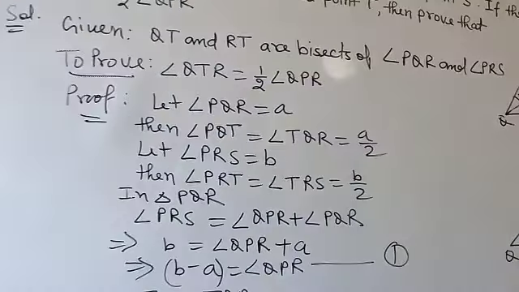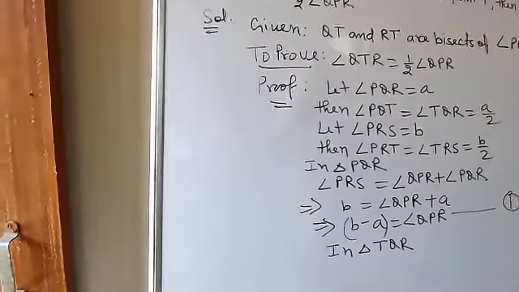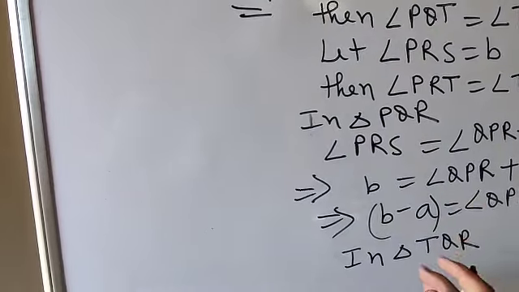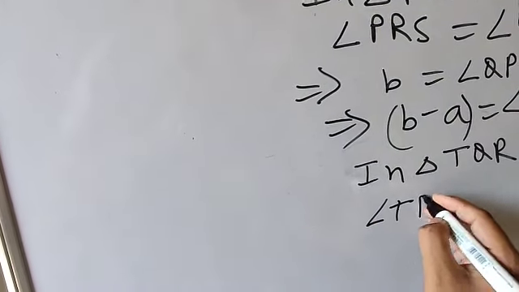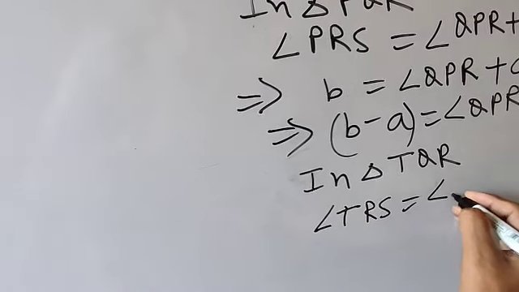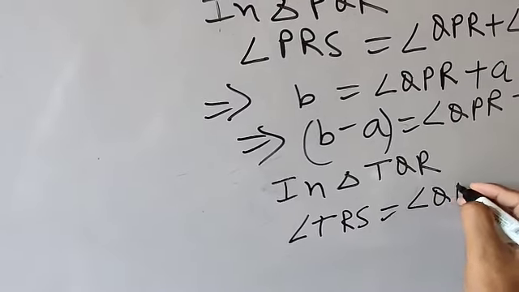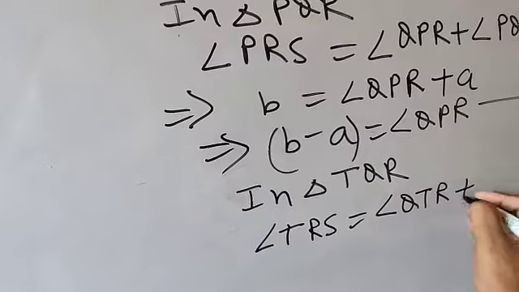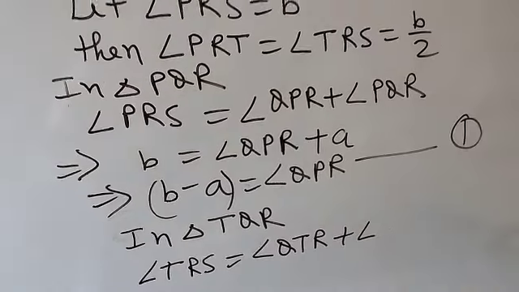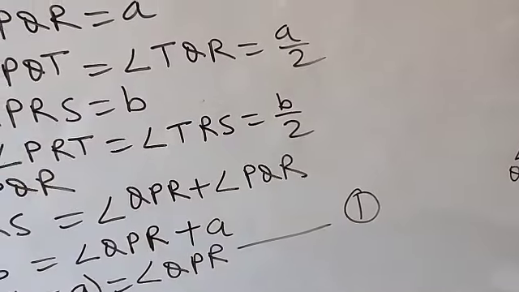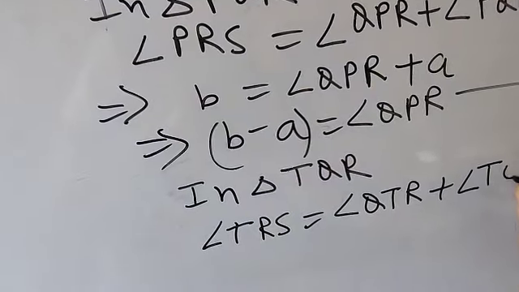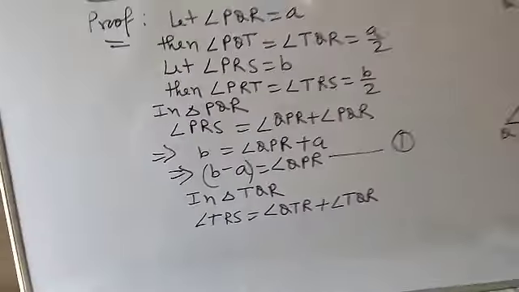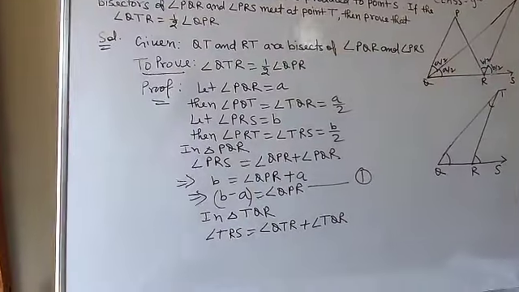So here I am going to write angle TRS equal to angle QTR plus angle TQR. That can be written by the exterior angle property of the triangle.